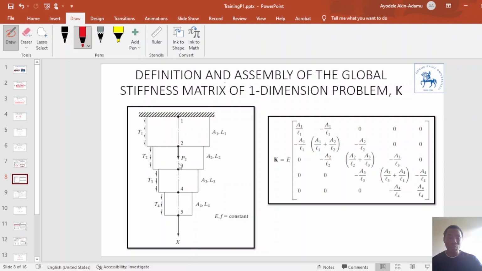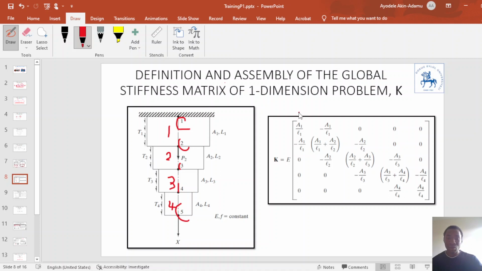The body is divided into 4 parts: 1, 2, 3, 4. The nodes are numbered from top to bottom: node 1, node 2, node 3, node 4, node 5. Because the body has 5 nodes, our global stiffness matrix should be a 5 by 5 matrix.